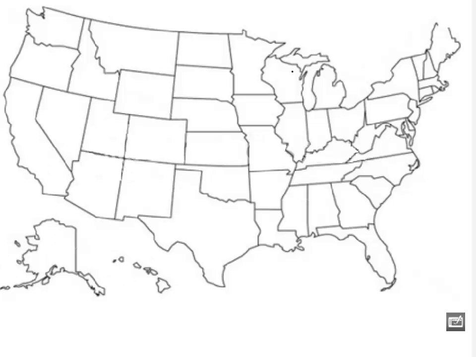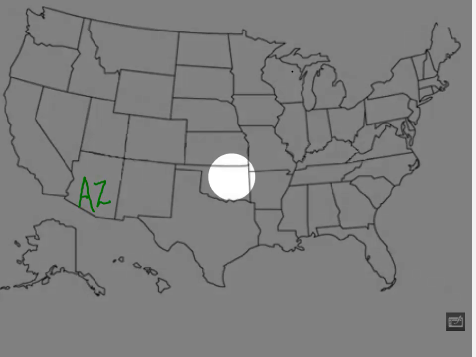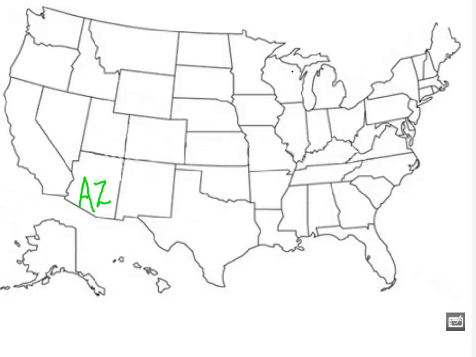Once you've turned the Spotlight tool off, students can select an ink color and label the state names or abbreviations using digital ink. When you switch back to the Spotlight tool, your ink notations will still be available. To add further ink notations, you'll need to turn the Spotlight tool off and switch back to your inking tools. This is a great way to get students up to the board using the Eno in an interactive manner.